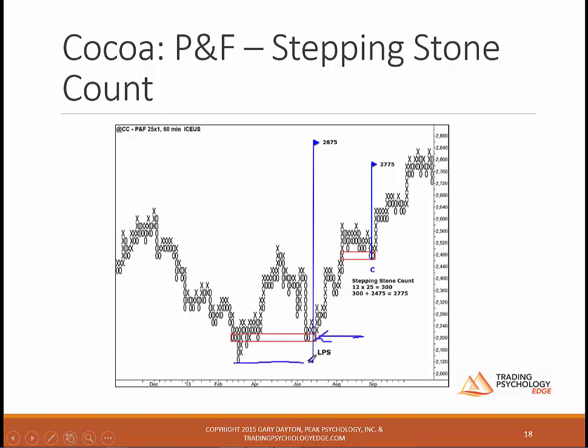Here's our low. He said that you add it to the low. You can also find a spot that's halfway between. He was just using this as sort of a hedge. The most conservative way to take the count is to add it to the low. The more aggressive way to take the count is to add it to the count line.